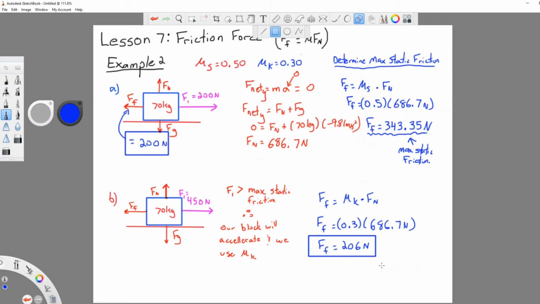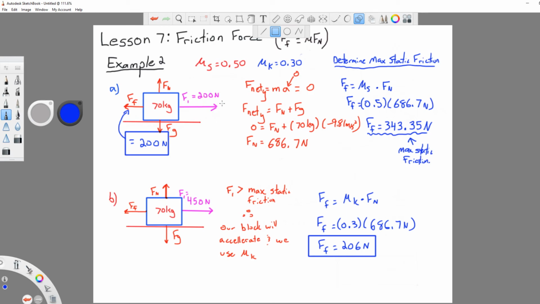All right, and there you have it. So here you see that any value really of applied force up to 343 newtons will give us a force of friction that essentially matches what we have on the applied force side.